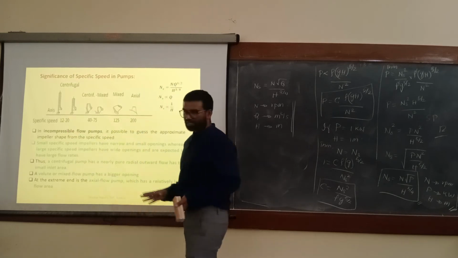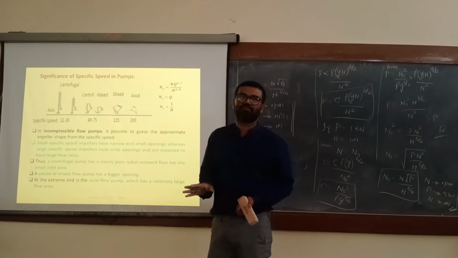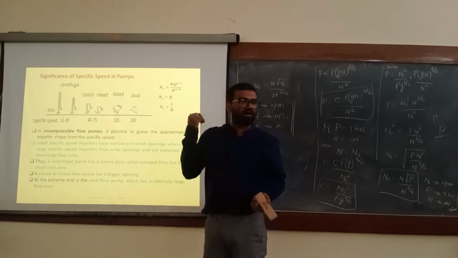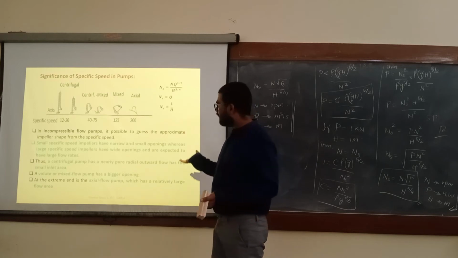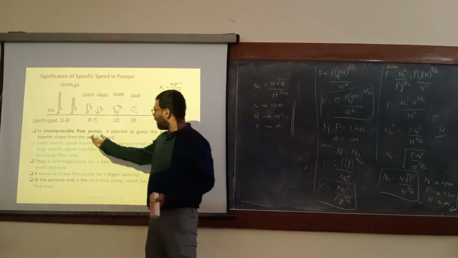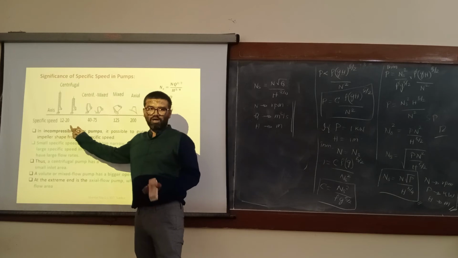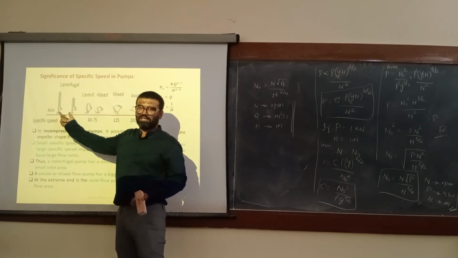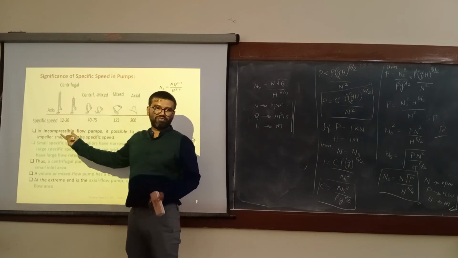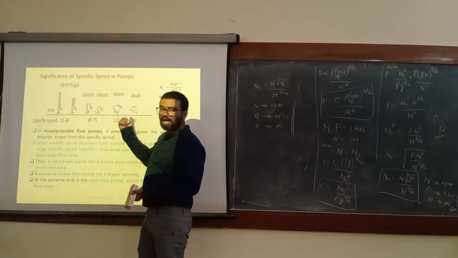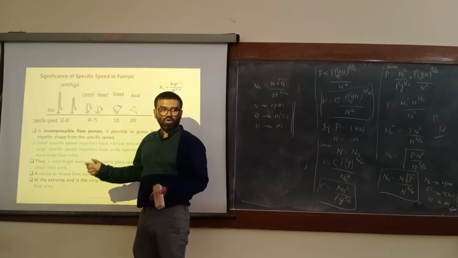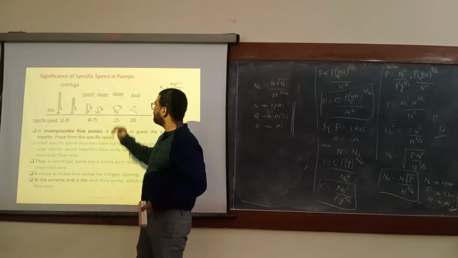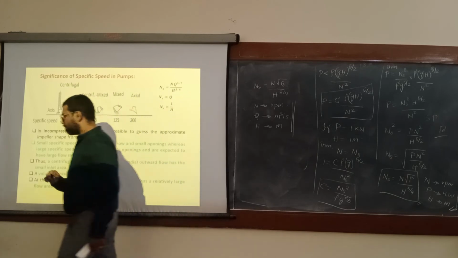Like that, based on the site conditions, whether we need to produce more discharge or more head, we will calculate the specific speed. Based on the value of specific speed we got, we select the shape of the impellers, whether centrifugal pumps or axial impellers will work effectively. This is the significance of specific speed in pumps.